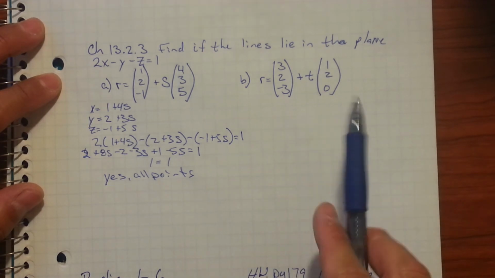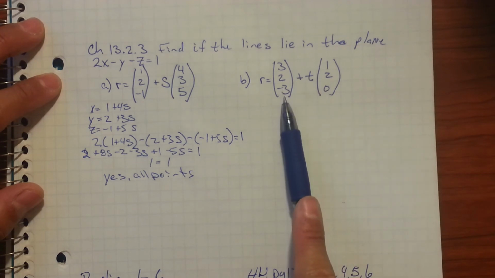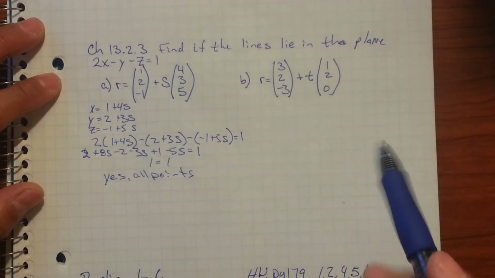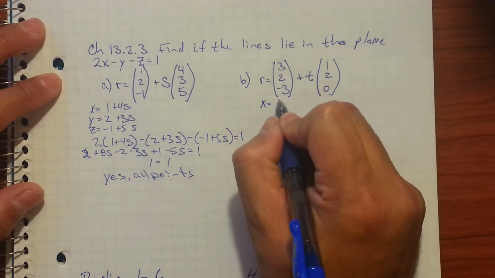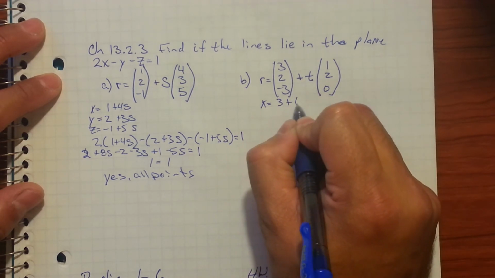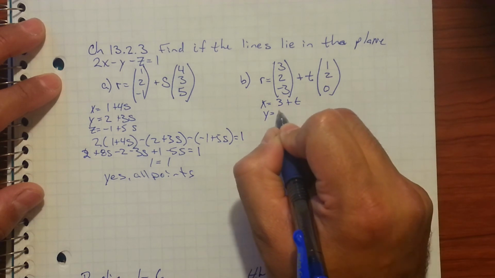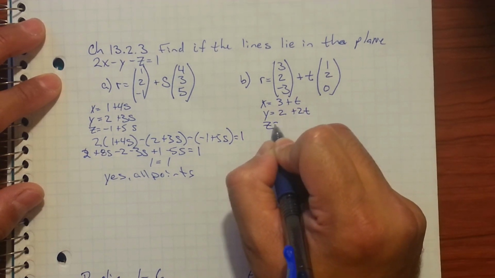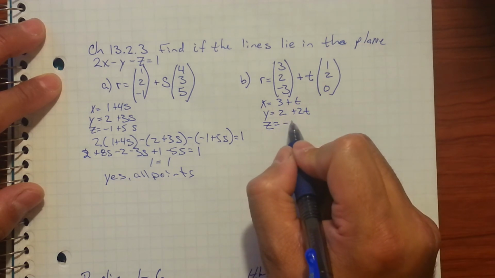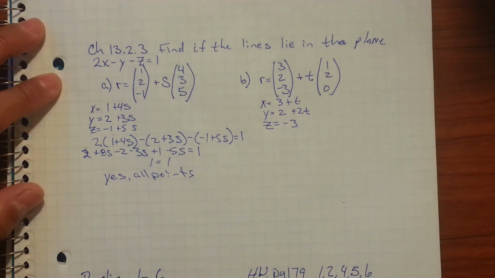Now, let's take a look for this one right here. Do the same thing. I'm going to have x is 3 plus t, y value is 2 plus 2t, z value is negative 3. Now let's go ahead and just plug this in.